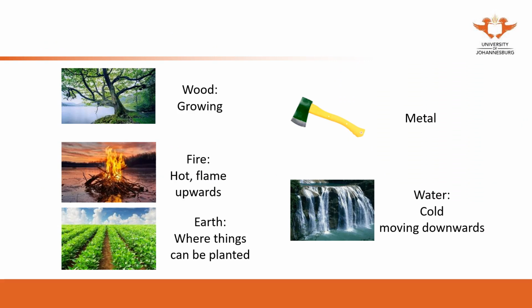So the 5 elements, the actual substances: wood, fire, earth, metal, and water. We're going to introduce wood a little bit.